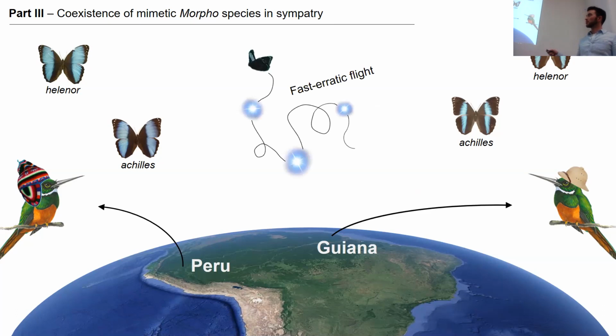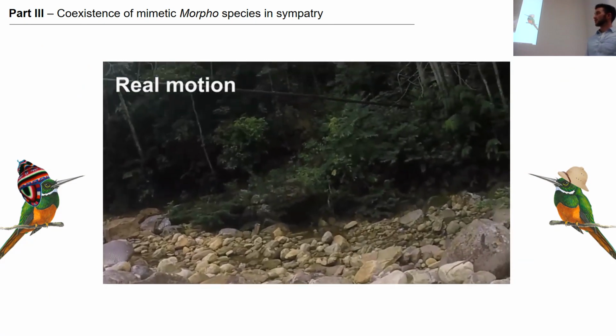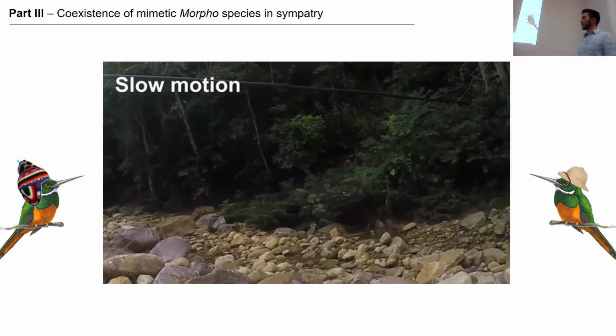But they also have this blue iridescent coloration on the dorsal side of the wing, contrasting with the underside, which is darker. When they are flying, wing beats produce blue flashes, and this is particularly striking when they fly in front of dark vegetation. So here, you can see the butterfly literally disappearing and reappearing elsewhere.